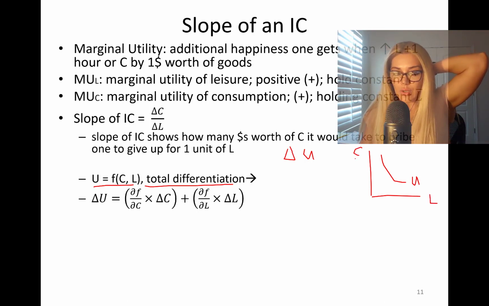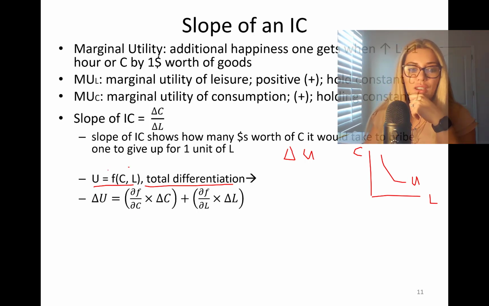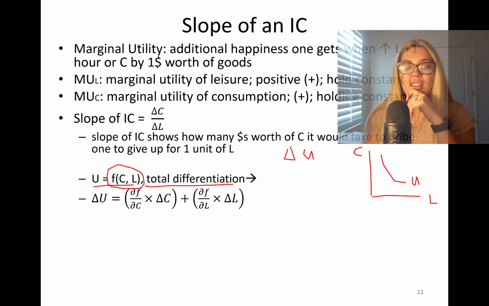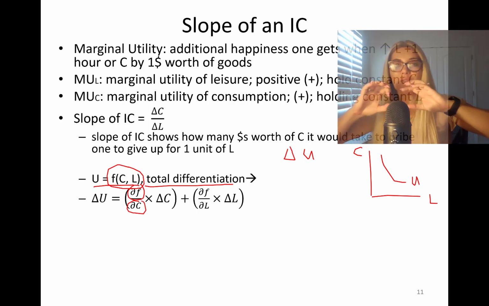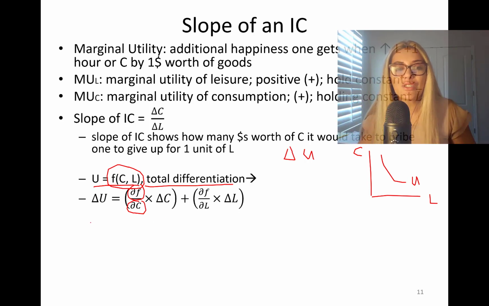Okay, so total differentiation requires the chain rule, this and that, but what you do in logical terms, the total change in utility is the change in total happiness divided by change in consumption. So when you change your consumption by a certain amount, how much is it going to change your total happiness? This is marginal utility of consumption. Okay, so this, fancy. What is this thing? This is delta.